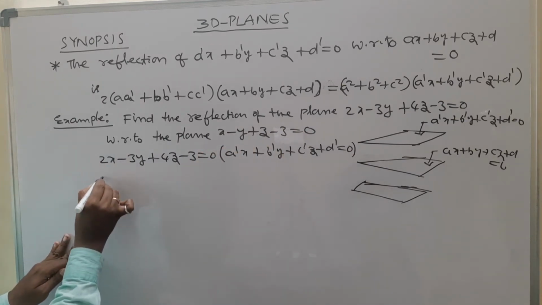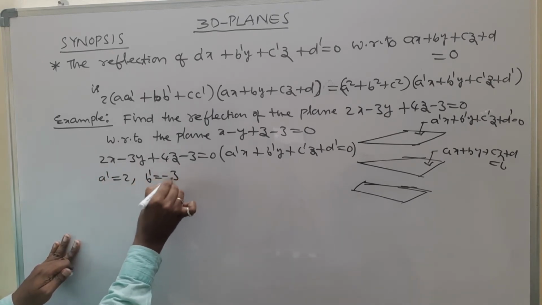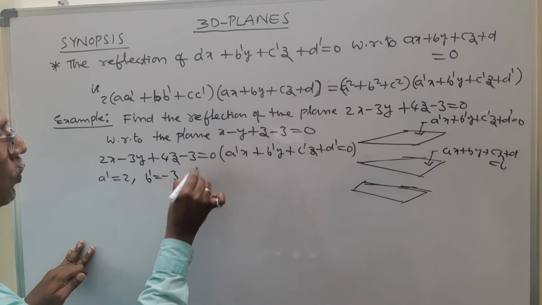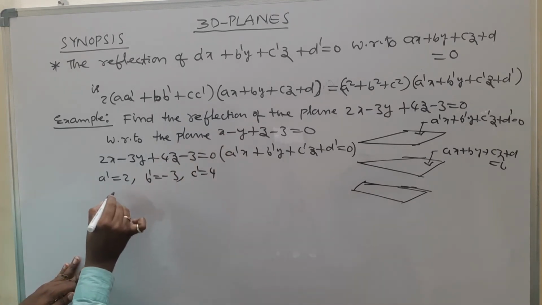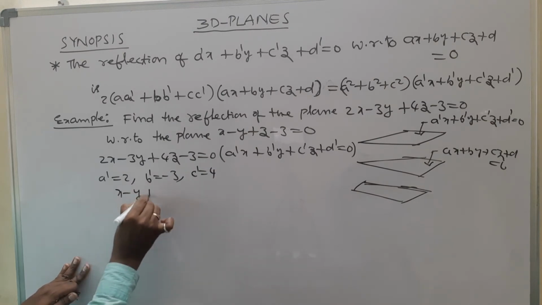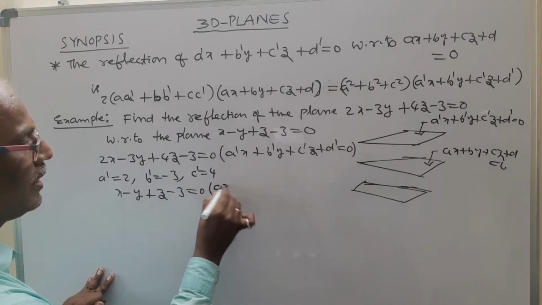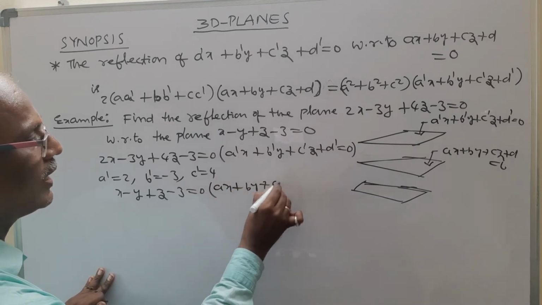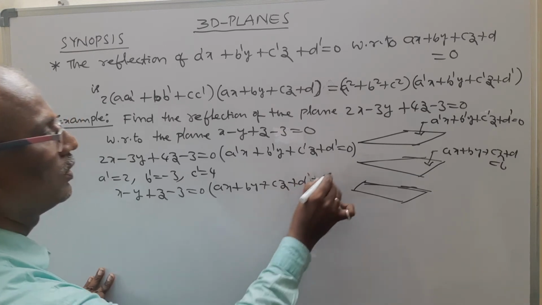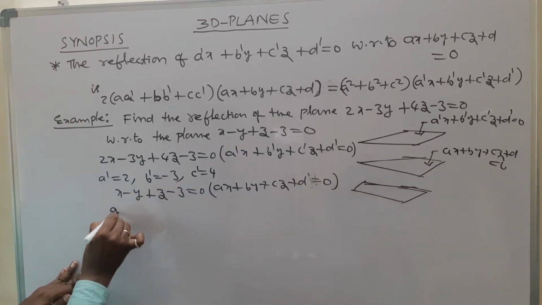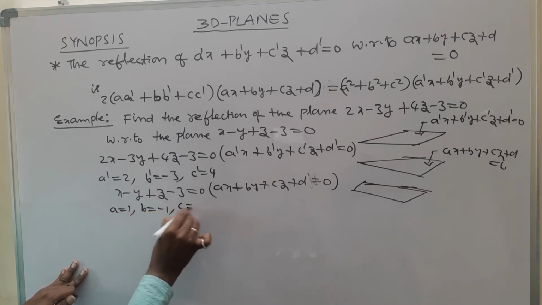Here a dash equal to 2, b dash equal to minus 3, c dash equal to 4. Next, the plane equation given x minus y plus z minus 3 equal to 0 is ax plus by plus cz plus d equal to 0. Here a equal to 1, b equal to minus 1, c equal to 1.